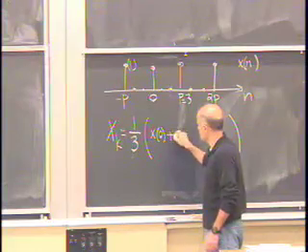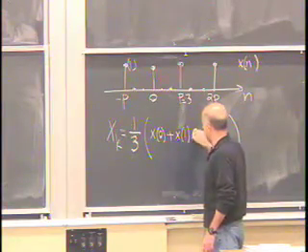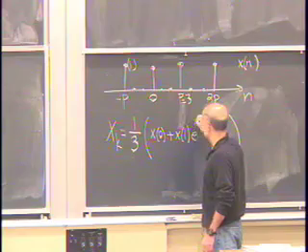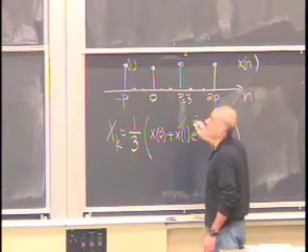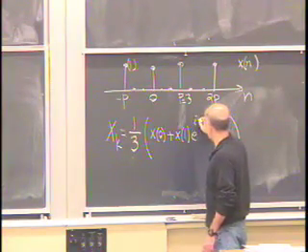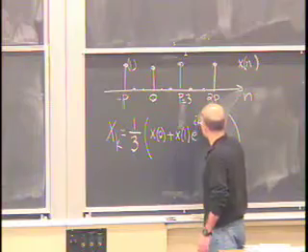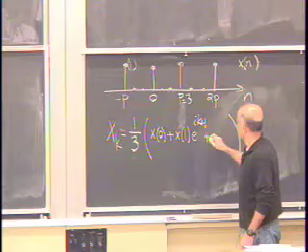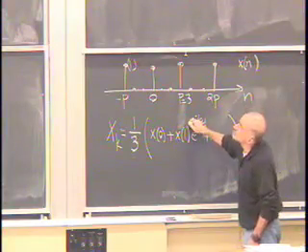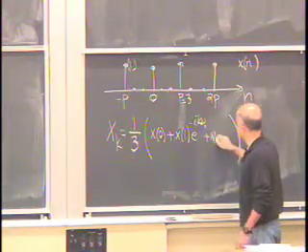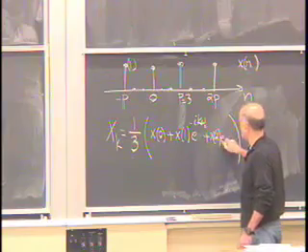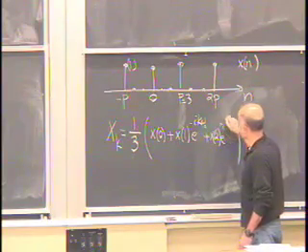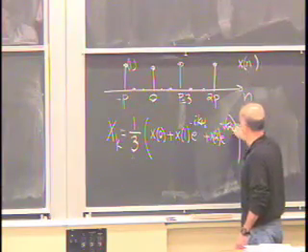So plus x sub 1 e to the i k omega naught. Negative, yeah. x2 e to the i k 2 omega naught.